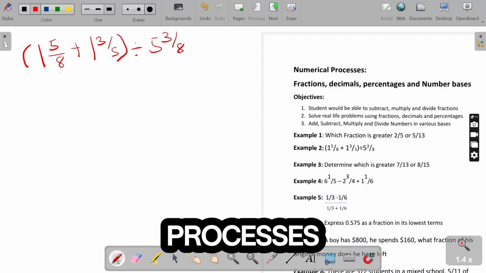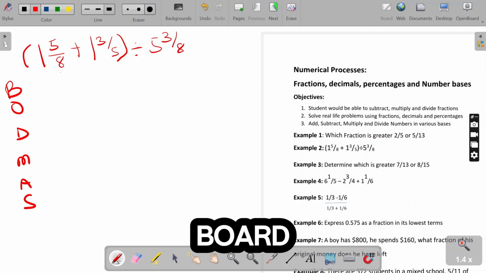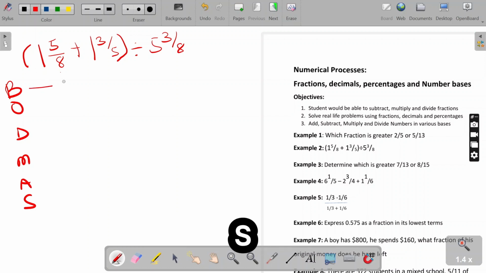In numerical processes, we have what I grew up to know as BODMAS, now PEMDAS. But let's go over it. BODMAS. In programming languages, we use PEMDAS. But let me break this BODMAS down in a way that is easily understandable.